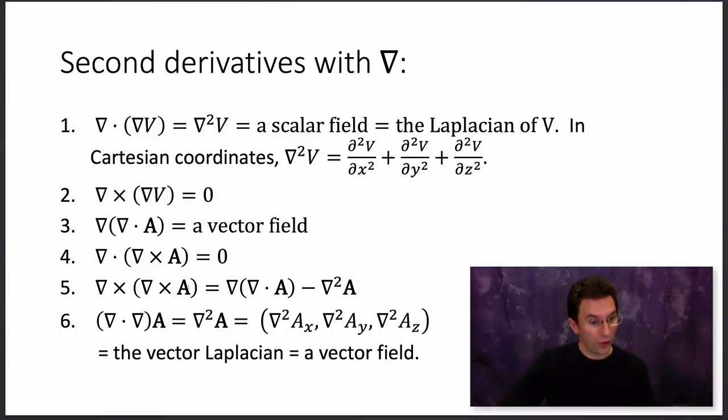The curl of the curl of A can be written like this: the gradient of the divergence of A minus the vector Laplacian of A. Okay, and the vector Laplacian here is simply defined as the scalar Laplacian operating on each component of the vector. So in order to tell whether it's a vector Laplacian, as in this case, or a scalar Laplacian in this case, you just need to look at the context. If you're operating on a vector with a Laplacian operator, by definition, it has to be the vector Laplacian.